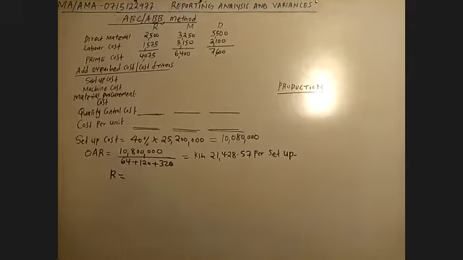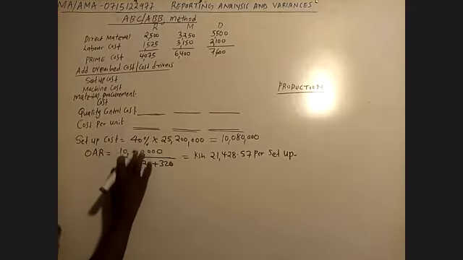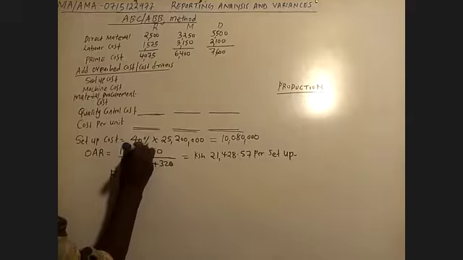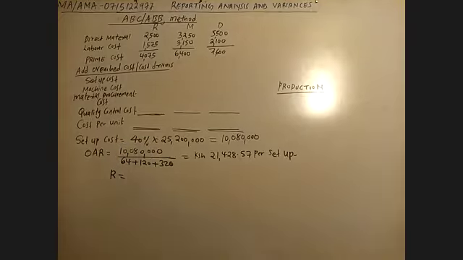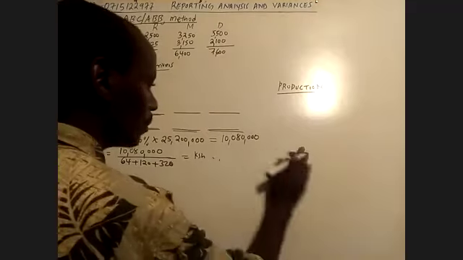Mimi hapa 10,080. Unapata aje? So hapo chini kwa OAR unatumia 10,800 badala ya 10,080. Sawa. Itakuwa 64 plus 120 plus 320, so it is 20,000 per setup.